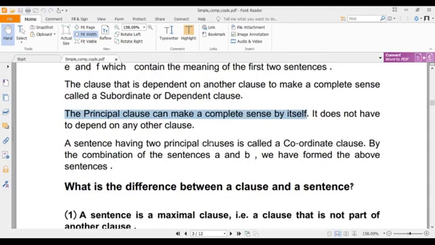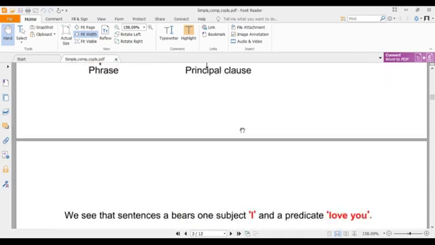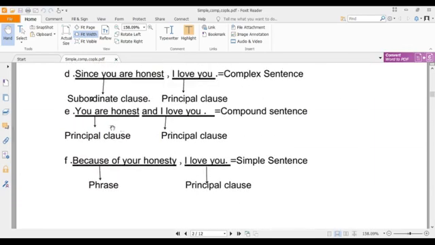A sentence having two principal clauses is called a coordinate clause. যদি একটা সেন্টেন্সের মধ্যে দুটো প্রিন্সিপাল ক্লজ থাকে আমরা তাকে বলি কোঅর্ডিনেট ক্লজ। By the combination of sentences A and B we have formed the above sentences, and we have found a sentence E, it is a coordinate clause and it makes the sentence a compound sentence.